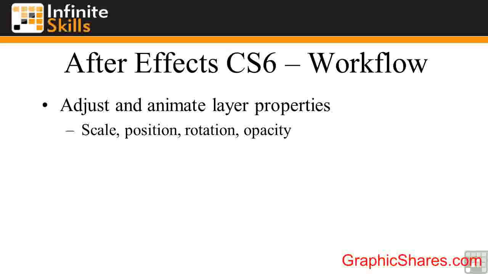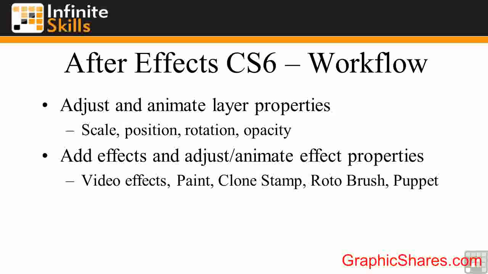Now, most layers have certain properties like scale, position, rotation, and opacity, but other layers have additional properties like text and shape layers have all kinds of really cool properties that allow you to animate those shapes and those texts. In any event, you can adjust and animate them, and by animate them, I mean you can change them over time using keyframes.